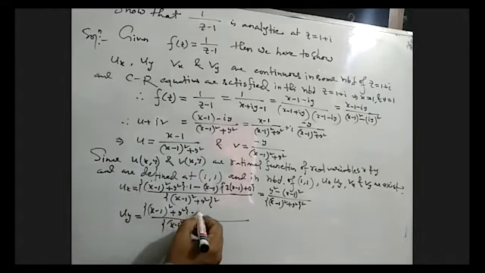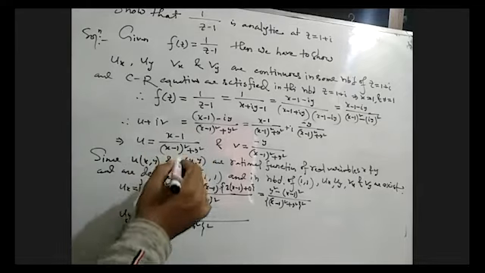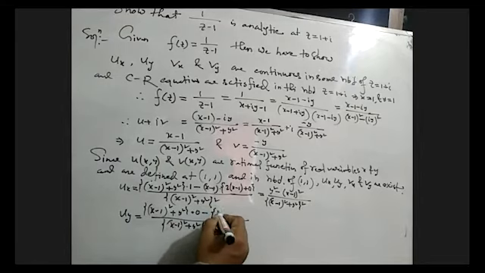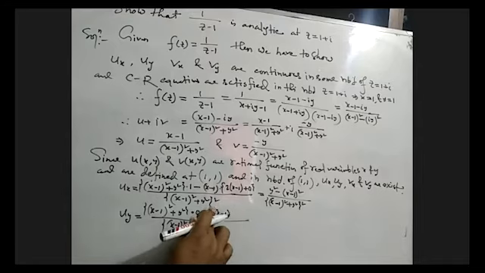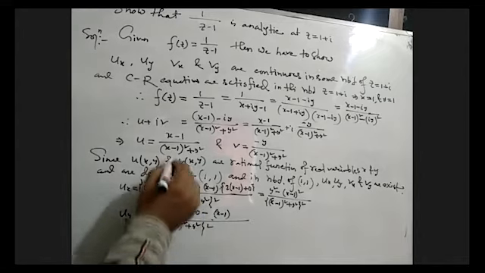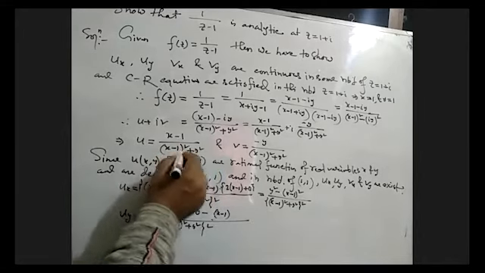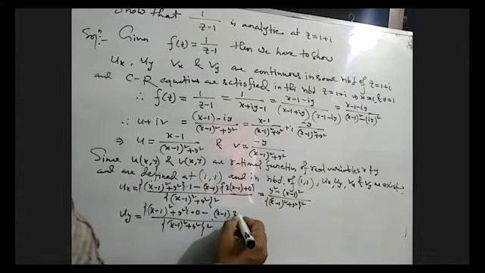This will be 0 because x minus 1 differentiation with respect to y is 0. 0 minus u into the partial differentiation of v. v means x minus 1 whole square plus y square. This partial differentiation, the first part will be 0, so only twice y.